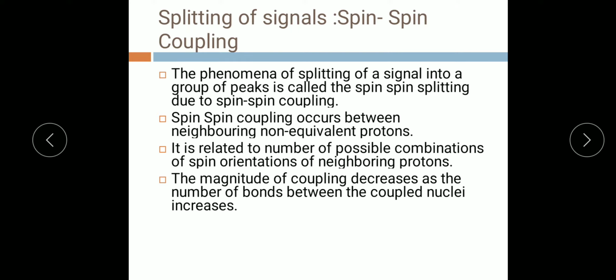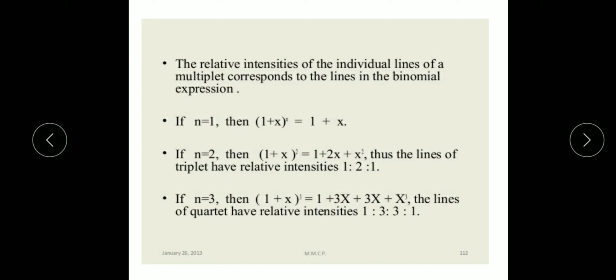So, what is this spin coupling? How will the intensities of the multiplets be? It's according to the binomial expression, 1 plus x to the power of n, where n is the number of neighboring protons. If n equals 1, you will get 1 plus x, and the intensities of the peaks will be in the ratio 1:1.